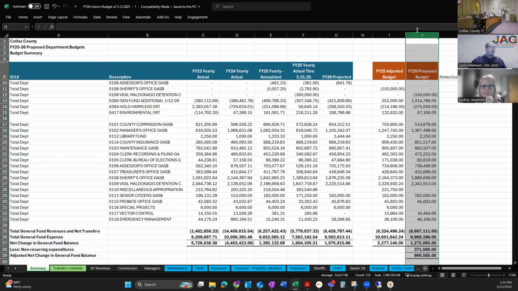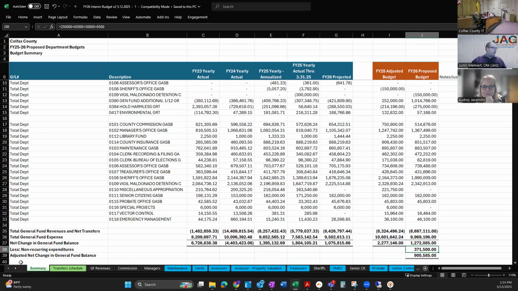You can see in the far right column J, we have total proposed budget for general fund, 8.7 million revenues net of certain transfers out, and just under $10 million total expenditures. That nets to a deficit of 1.27 million.